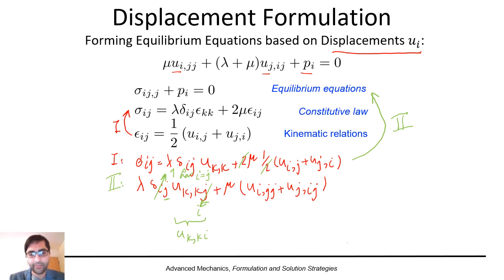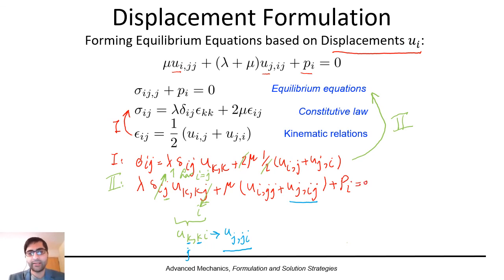But k is a summation index, so we can change the name to anything. We name it j for simplicity. So it basically becomes uj comma ji. Now note that we have uj comma ji and uj comma ji here. Oops, I forgot to put plus pi equal to 0 here.